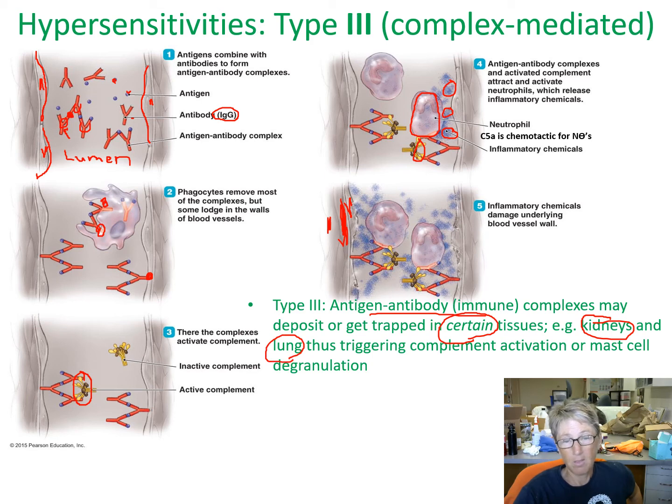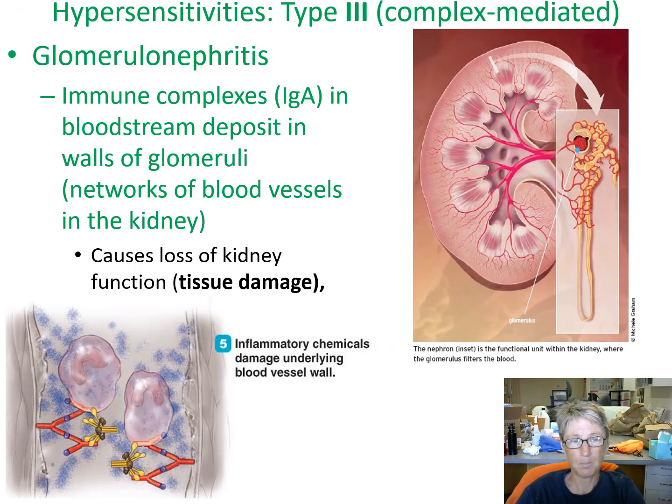And then at that point, after the neutrophils have been activated and release these inflammatory chemicals, that could also trigger mast cell degranulation of more inflammatory chemicals, and then you get an inflammatory reaction in your kidney or your lung. So that's an example of a type 3 reaction.